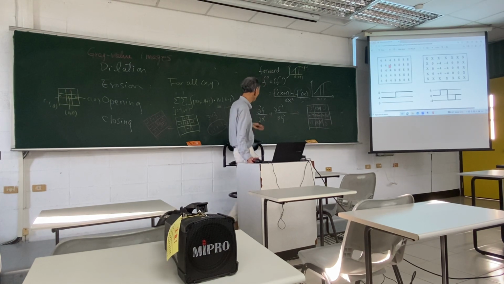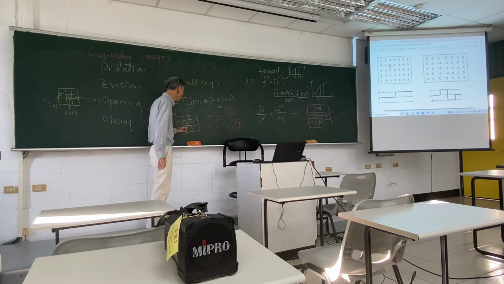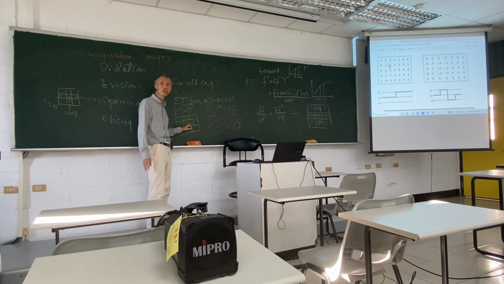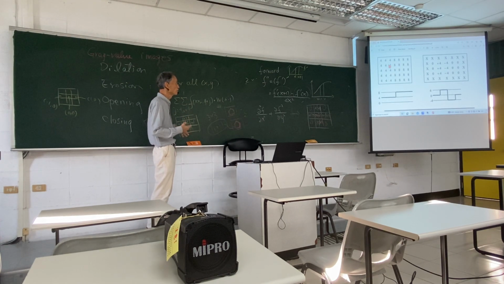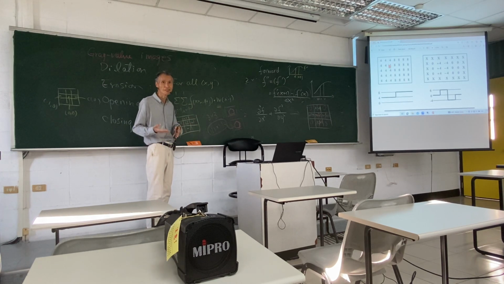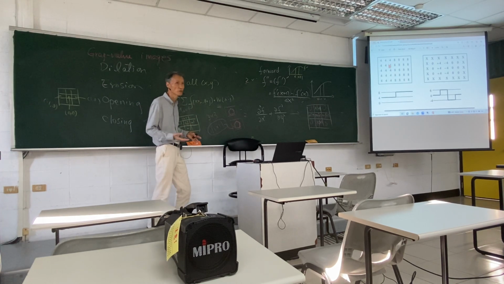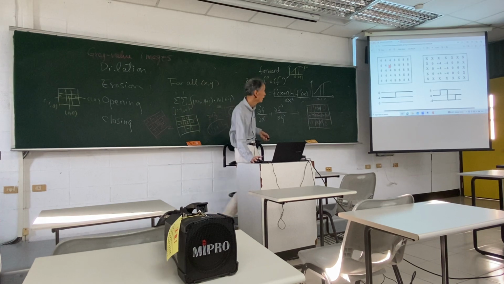We have 4 neighbors with value 4, and in the middle is 4 times 4, 16. All the others will be the same, right? I put a cross here, which means don't care, because it is on the border of the image.